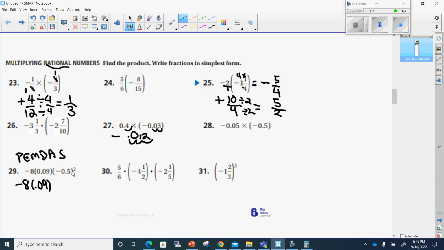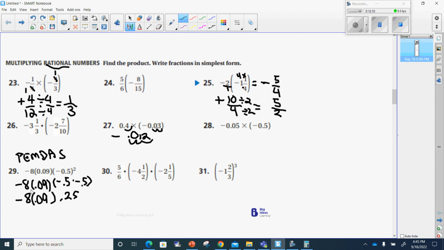This is negative 0.5 times negative 0.5. Well, negative times a negative is a positive, and 0.5 times 0.5 is 0.25. This will get multiplied to 0.09, and this will get multiplied to negative 8.